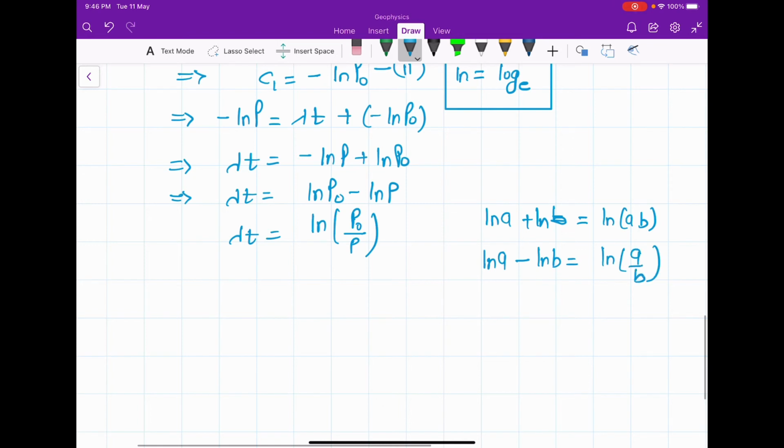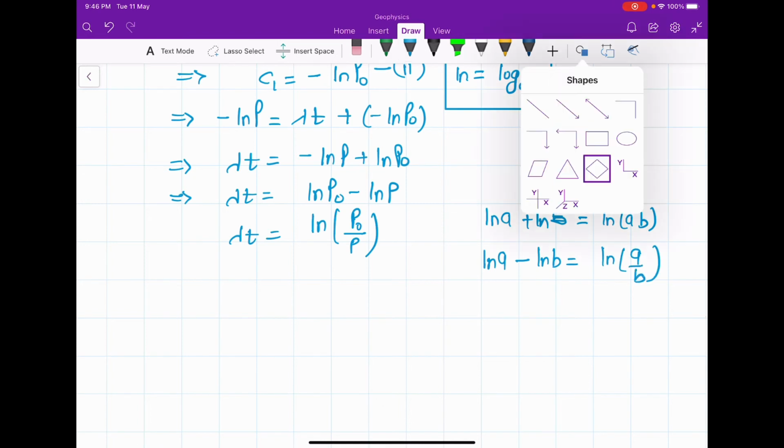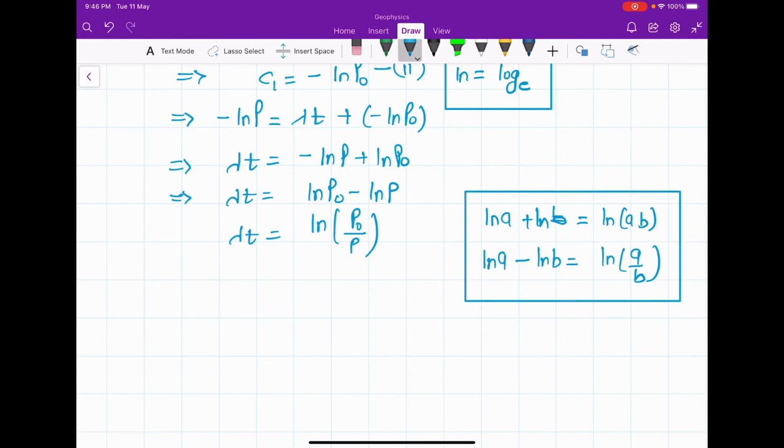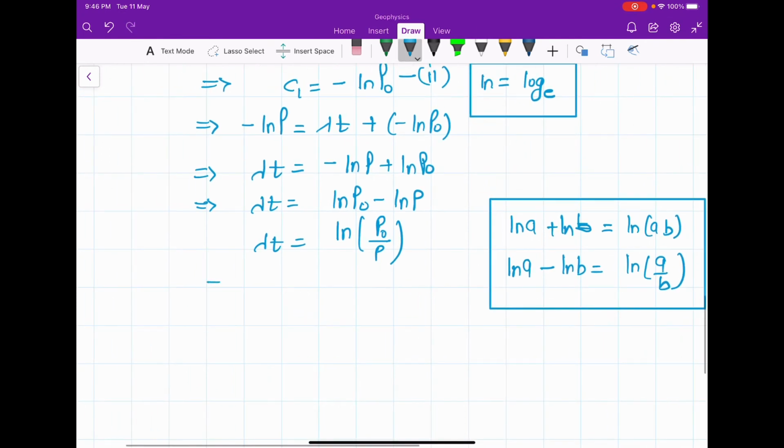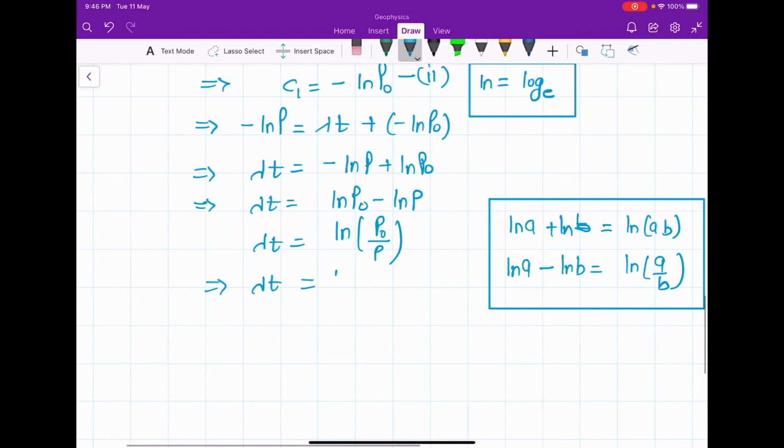So these are the identities, and we use the second identity. So lambda t will be equal to ln P naught by P.